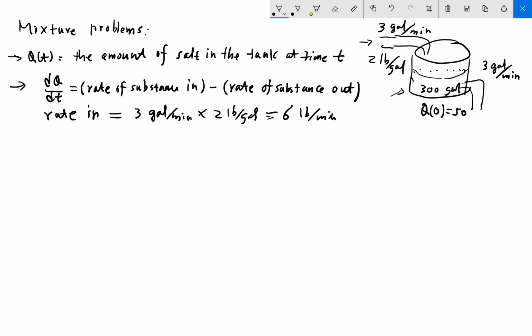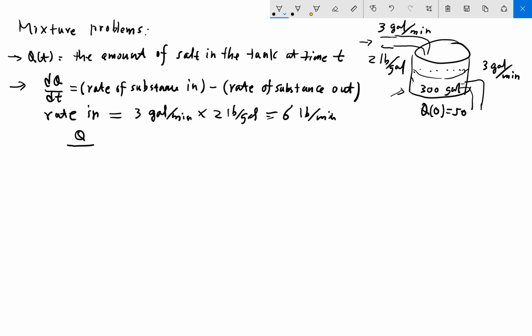The concentration is the total number of pounds of salt at time t divided by the total gallons of solution. What is the total amount of salt in the tank at a given t? That's exactly our Q, our unknown. So it's Q divided by the total gallons of liquid at t.